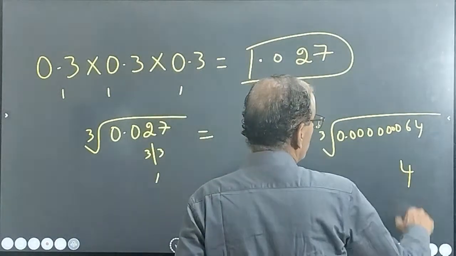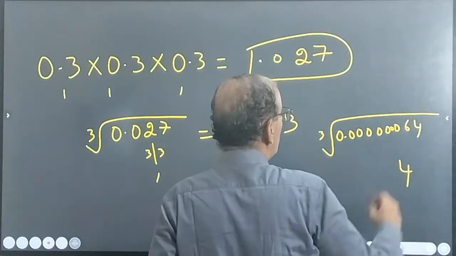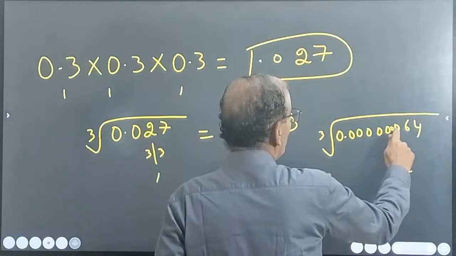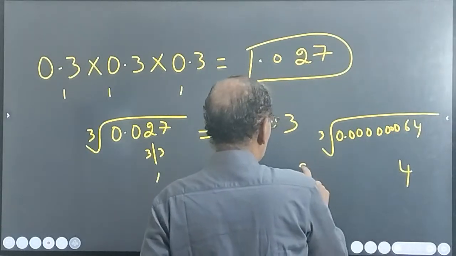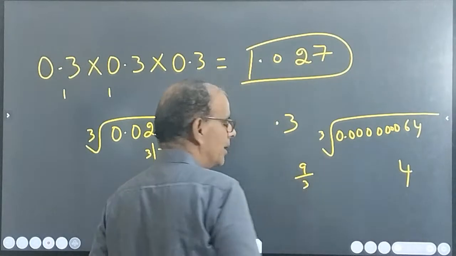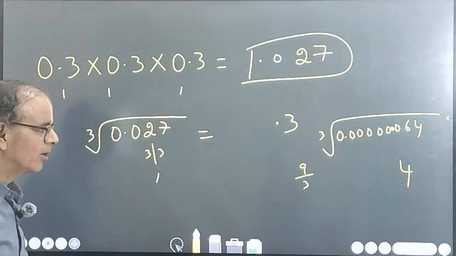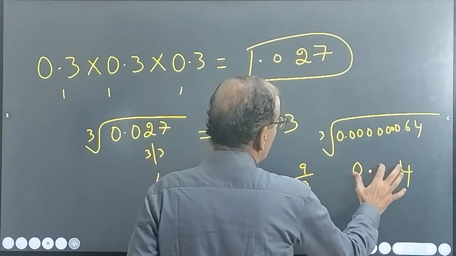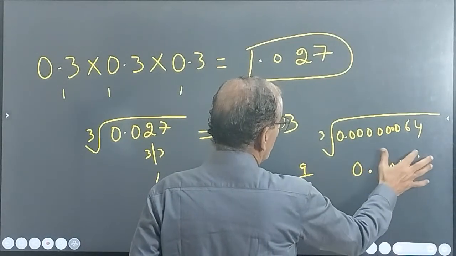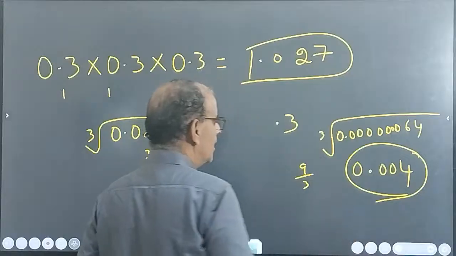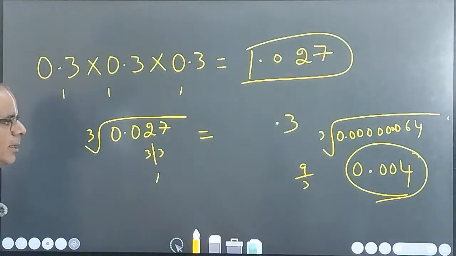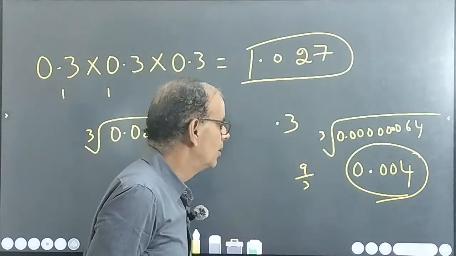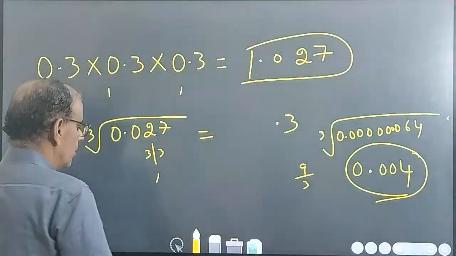You write 4. After the dot, how many digits are there? 1, 2, 3, 4, 5, 6, 7, 8, 9. 9 you divide by 3. After the dot, my answer should contain 3 digits. You put 0.004. What is the answer? 0.004. Decimals, so this is how you have to find it.